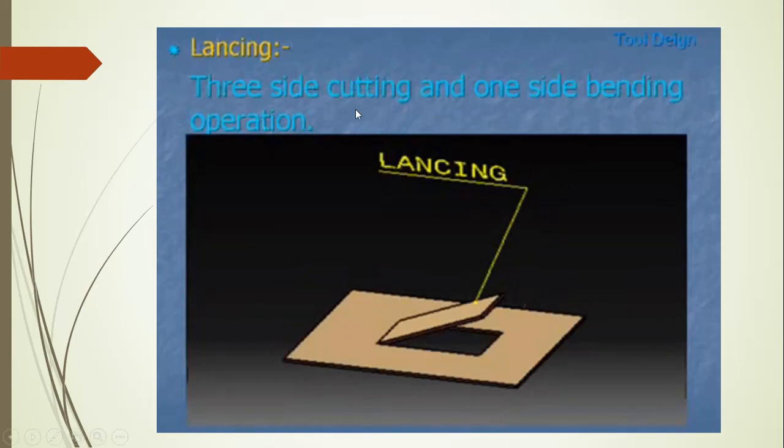That is a three-side cutting and one-side bending operation. On sides 1, 2 and 3 we perform the cutting operation, and on the fourth side we perform the bending operation. That is three-side cutting and one-side bending, which we call lancing.